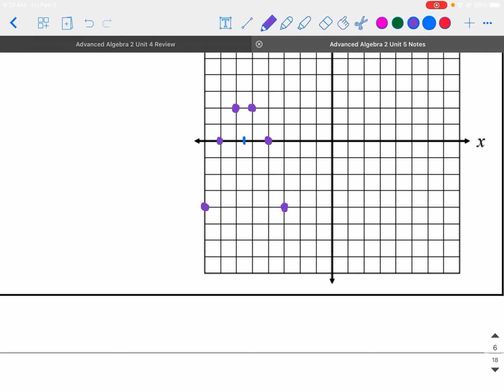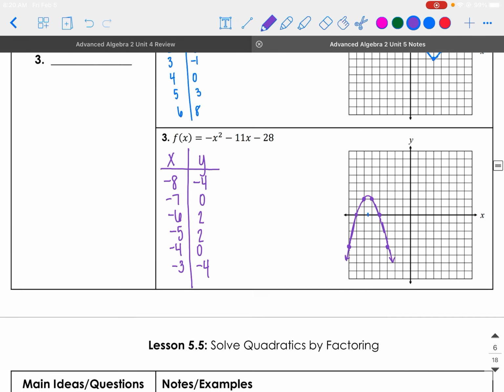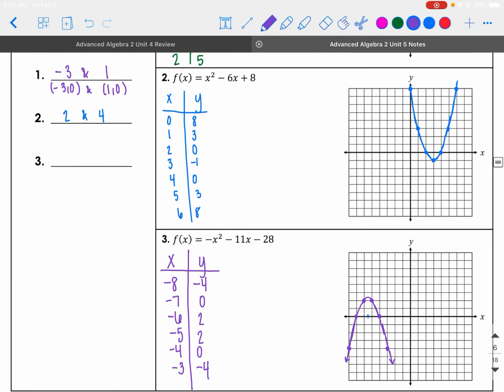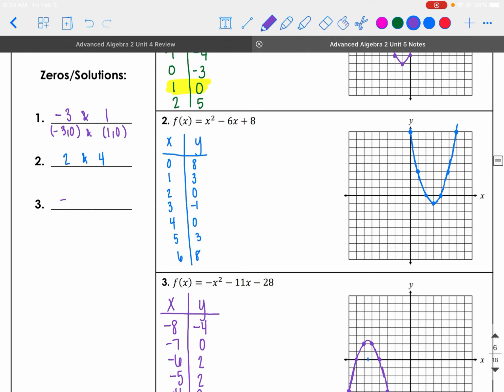So when we go to draw our parabola, we don't just cut straight across. We have to go up and down just a little bit, like that. And our solutions are negative 7 and negative 4.